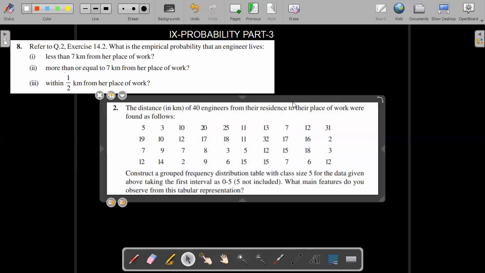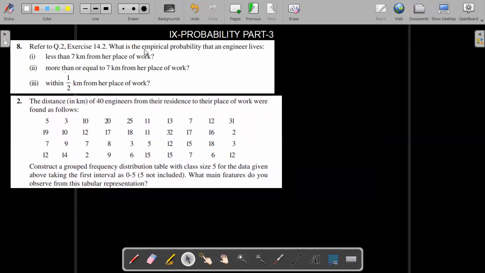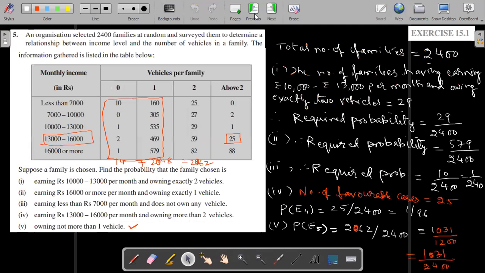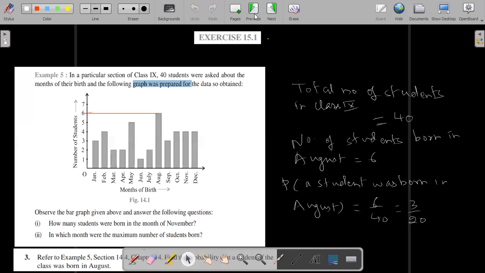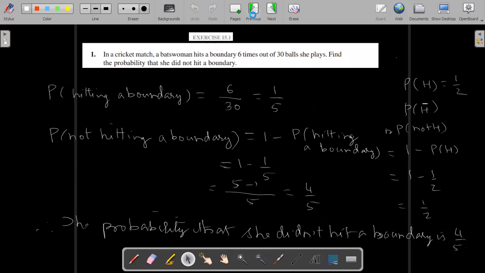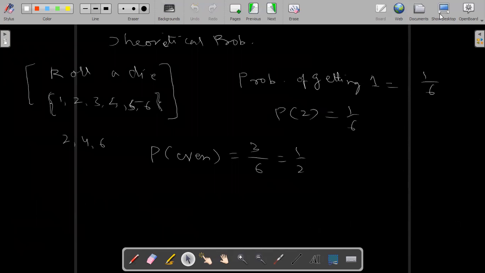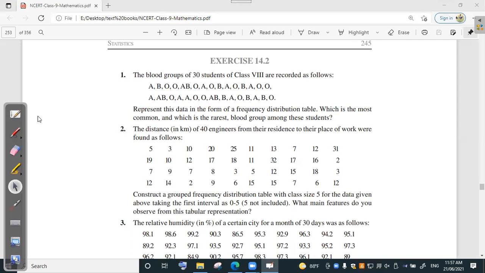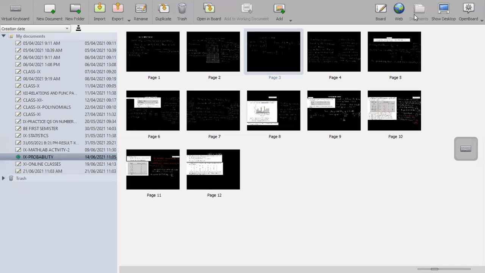Now see, more than 7 kilometers from her place of work. This question we have done already, so from there we can take the table.